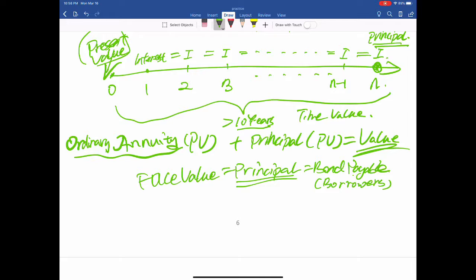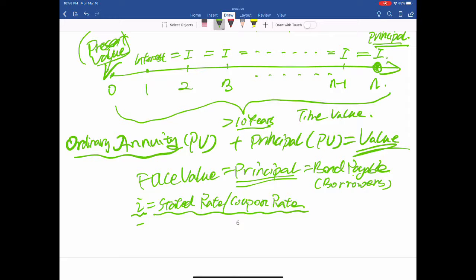And also there's an interest. This interest we call the stated rate, or coupon rate in finance literature. So what's the meaning of coupon rate?